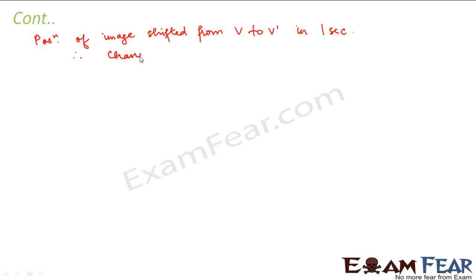Therefore, the change in position will be equal to v minus v dash, which is equal to 39 by 40 minus 34 by 35. This comes out to be 1 by 280 meters. That means in 1 second, the image changed its position by 1 by 280 meters.